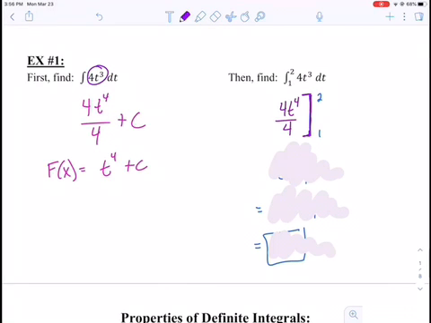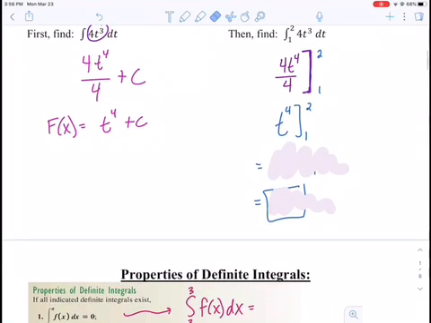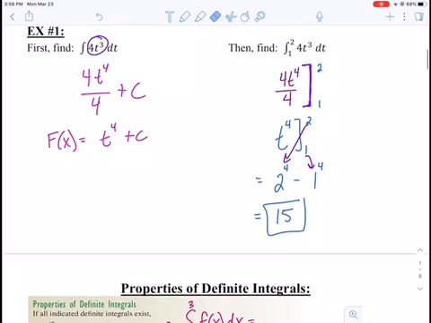Some books use a straight line here, some books use a bracket to represent that we're evaluating it. What that means is we're going to take this t to the fourth, this antiderivative, and we're going to evaluate its change from 1 to 2. So in order to figure out the change, we've got to plug in the upper limit, the 2. We're going to plug in our lower limit, the 1, and then we're going to subtract them to find the change.